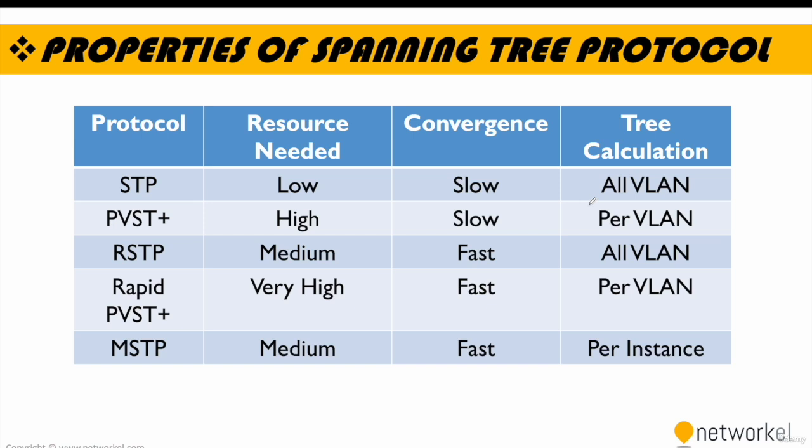The resource needed for STP is the lowest, whereas Rapid PVST+ is the highest. When it comes to convergence, STP and PVST+ are the slowest ones, and the other ones are much faster. The tree calculation is per VLAN for PVST+ and Rapid PVST+, all VLANs for STP and RSTP, and per instance for MSTP.